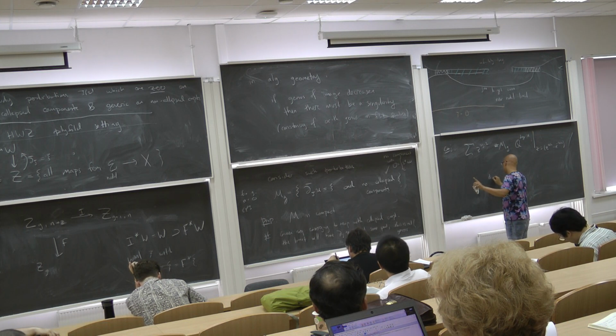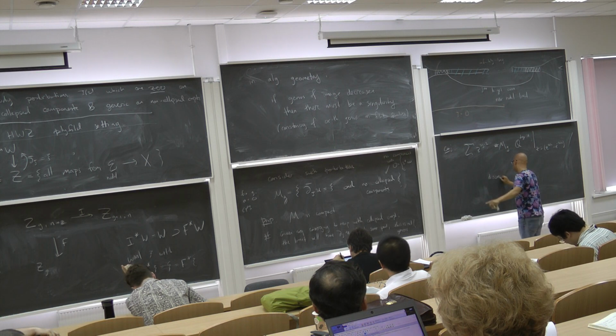So it's actually something important. I should have said that Z was always about disconnected curves. So this should be the disconnected Gromov-Witten count.